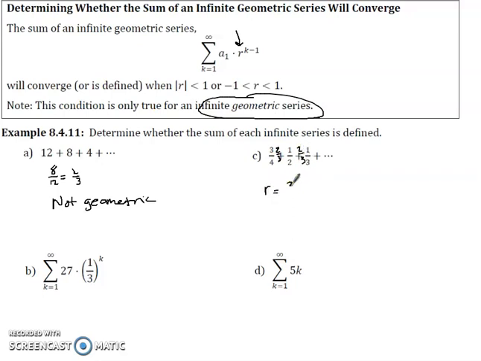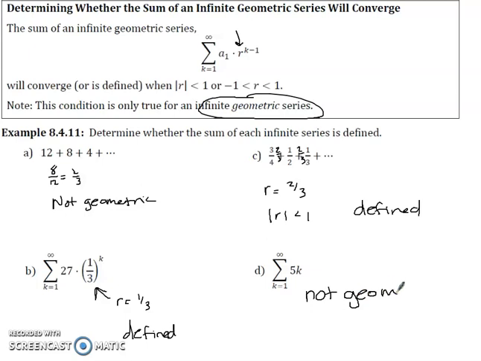Now that common ratio is 2/3, and since the absolute value of r is less than 1, then this will converge, or it will be defined. This is a geometric series where r is 1/3, so this one is defined. And in D, this is not a geometric series, so this is not defined.